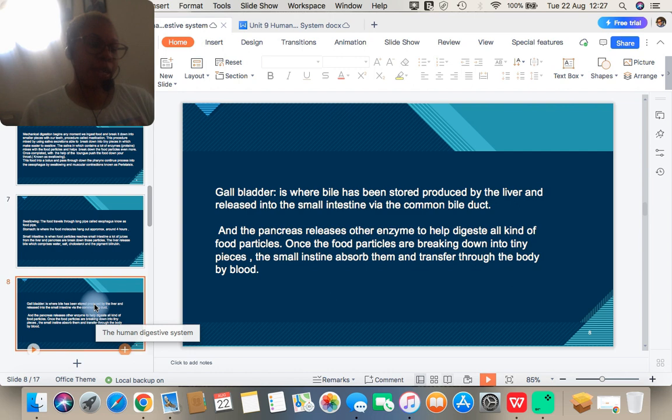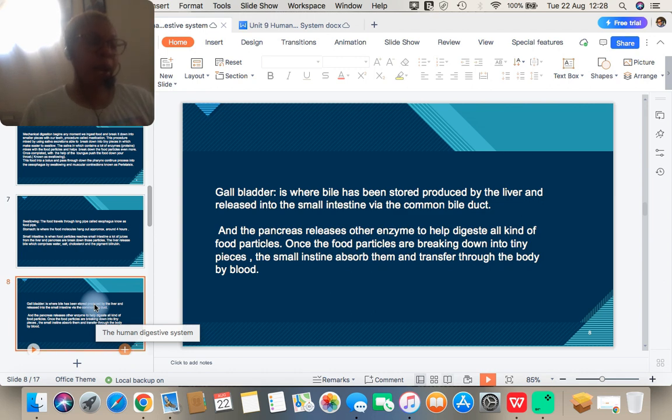Next, food particles reach the small intestine. A lot of juices from the liver and pancreas break down those particles. The liver releases bile, which comprises water, salt, cholesterol, and the pigment bilirubin.